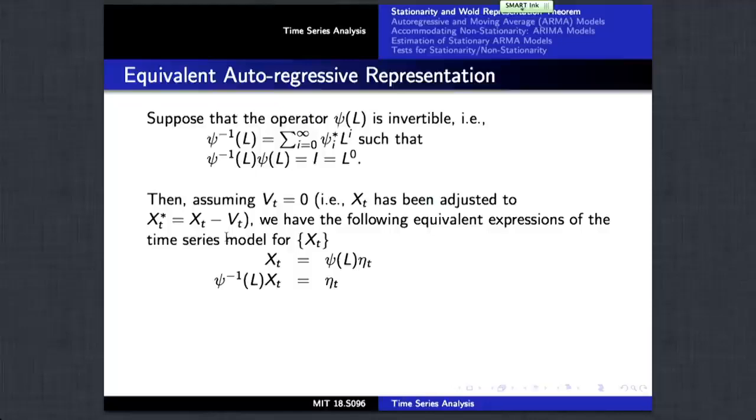Now the Wold representation, which is a possibly infinite order moving average, can have an autoregressive representation. Suppose that there is another polynomial psi i star of the lags, which we're going to call psi inverse of L, which satisfies the fact that if you multiply that with psi of L, you get the identity, lag 0.